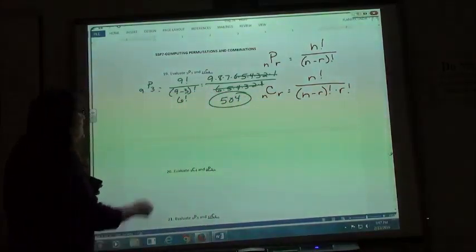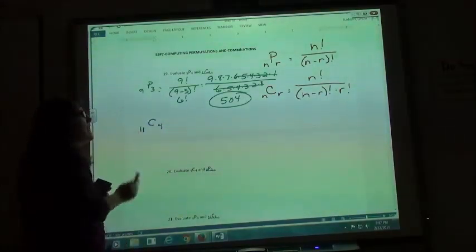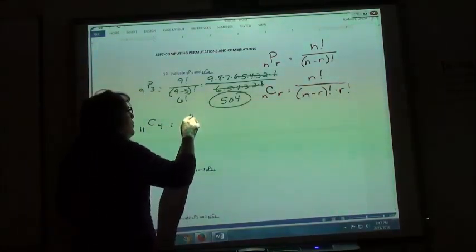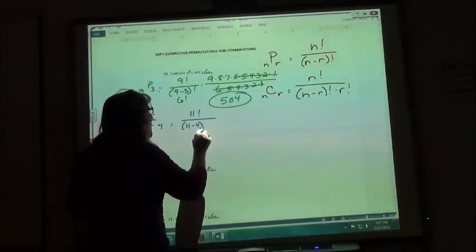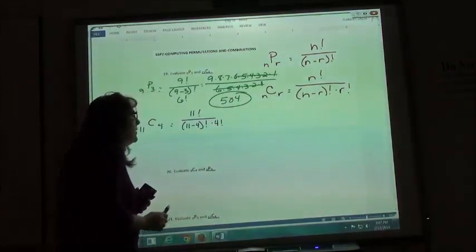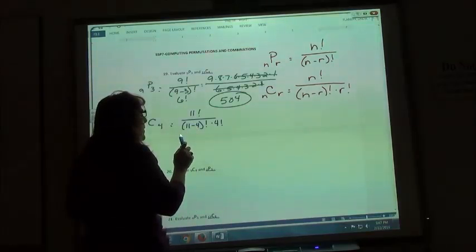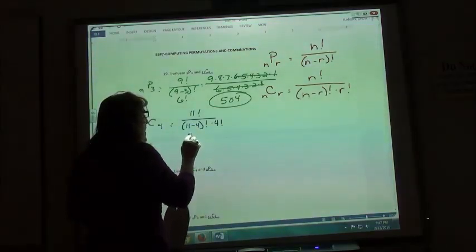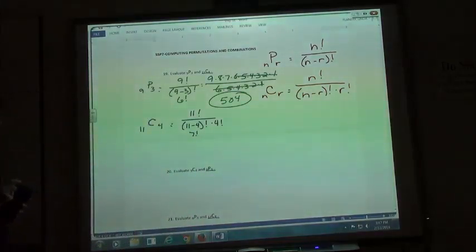For my combination, if I have 11, 4, I have 11 objects, I'm going to take 4 at a time. I'm going to do 11 factorial over 11 minus 4 factorial times 4 factorial. So 11 minus 4 would be 7 factorial. 7, 8, 9, 10, 11.